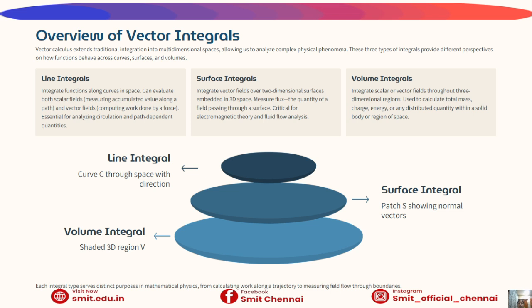A line integral is performed along a curve in space. It can be applied to both scalar fields and vector fields. When applied to a scalar field, it calculates the accumulated value of that scalar quantity along the path. Surface integrals are used to integrate vector fields over two-dimensional surfaces in three-dimensional space.